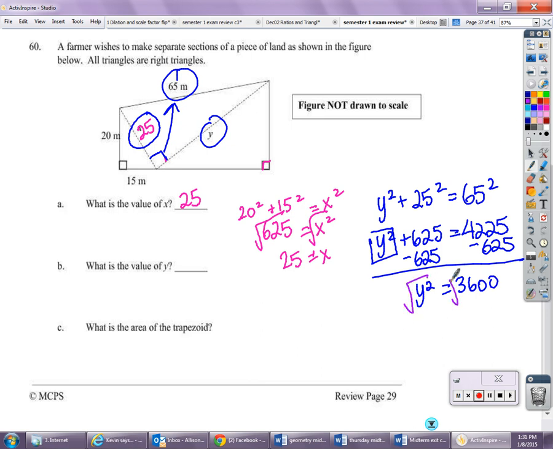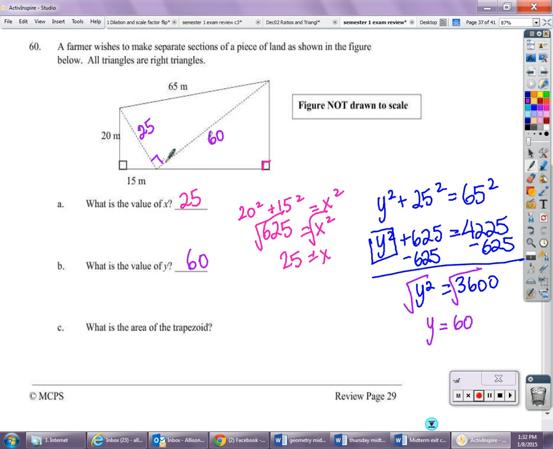Square root of 3600 is, so y is going to be 60. Again, still no decimals. That's awesome. All right. So I know that x is 25, y is 60.